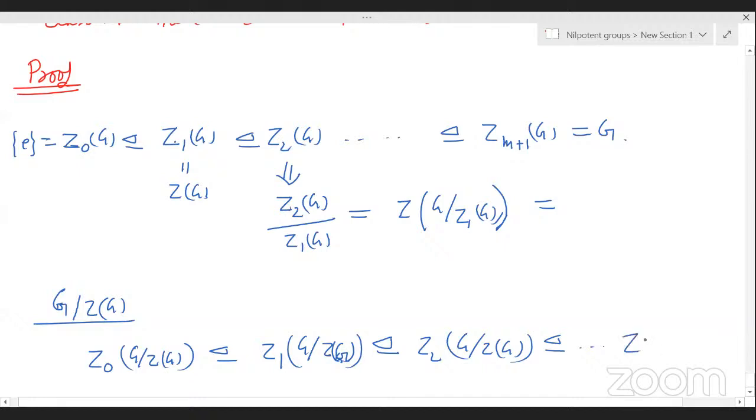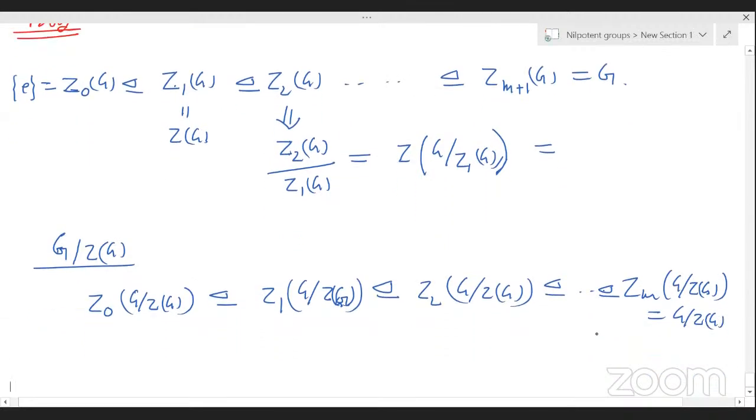And it is given that Zm G by ZG is equal to G by ZG. This is given. I have not started the proof. I am just telling you what the things are which are given.